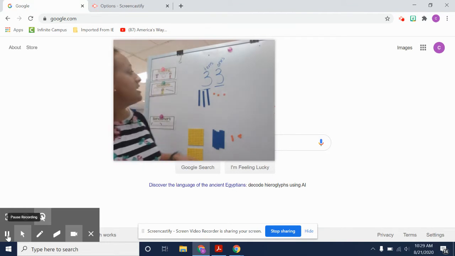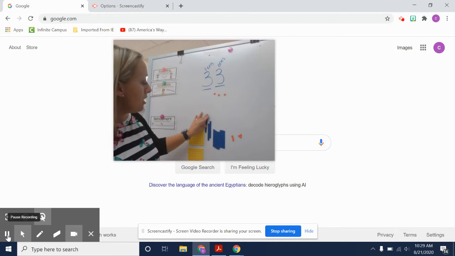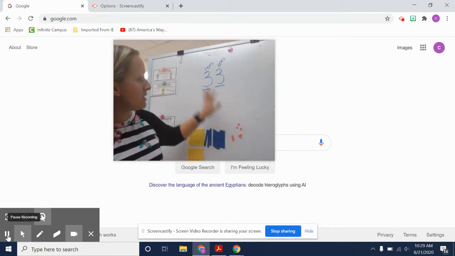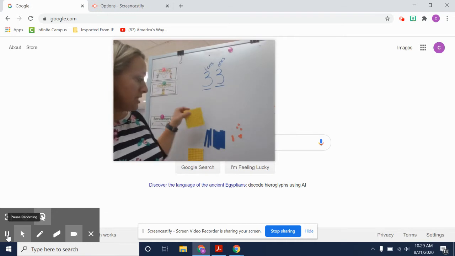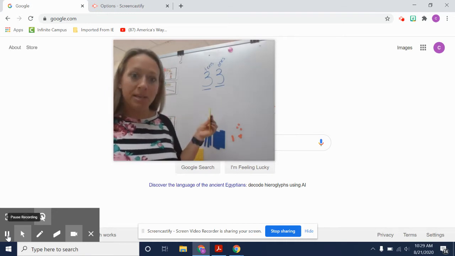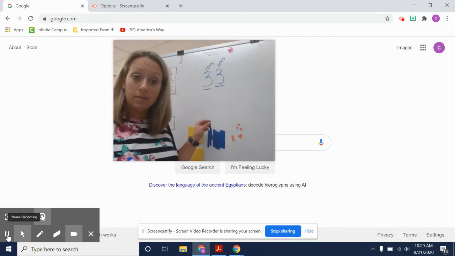Another way I could have done it is by knowing 33 has, what's the biggest one of these that I can use? Can I use this hundreds flat? No, because 33 is much less than 100. Could I use a 10? Yes.